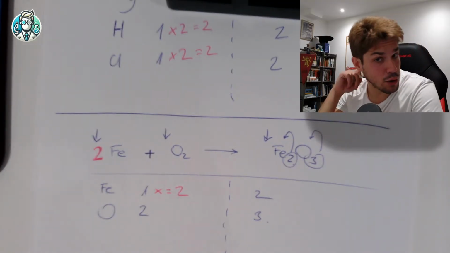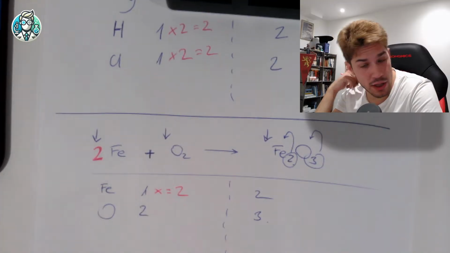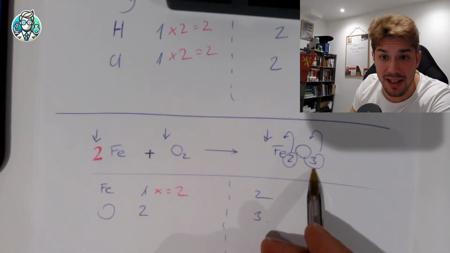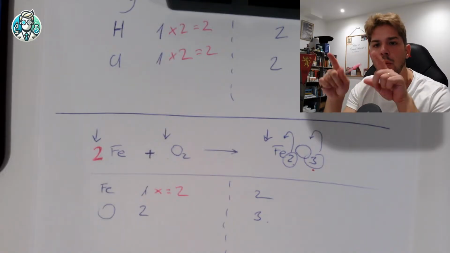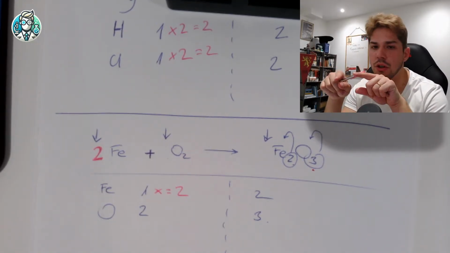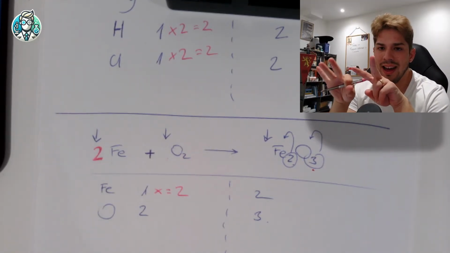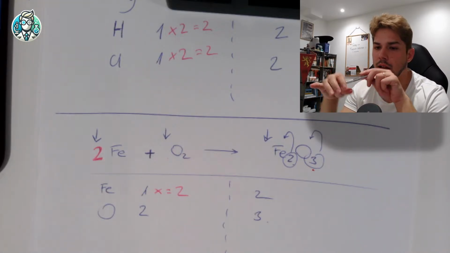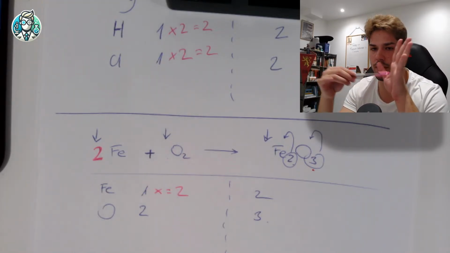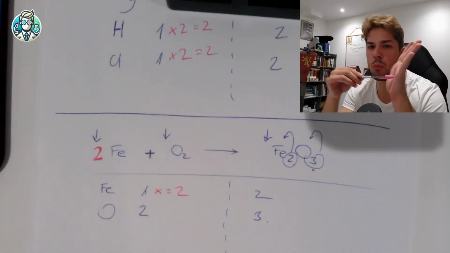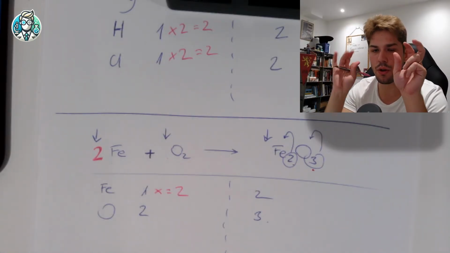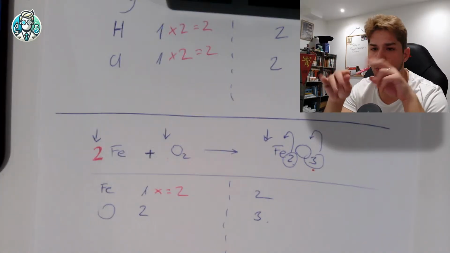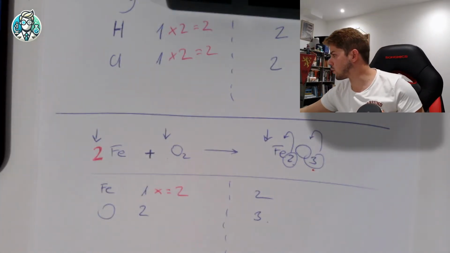But then if I try to modify the oxygens, here I have 2 and here I have 3. It's complicated. I need to think about what is the possible combination between 2 and 3. If you think about it, what is the lowest common multiple between 2 and 3?